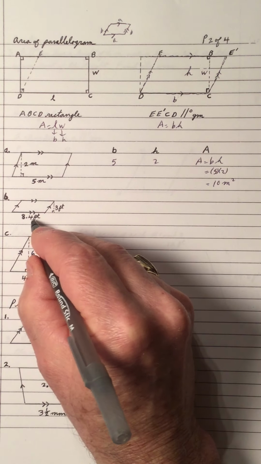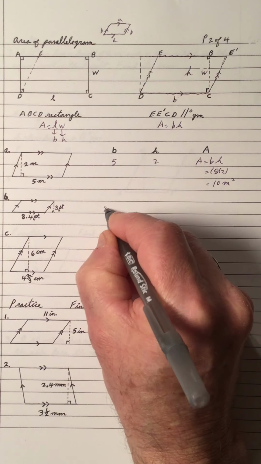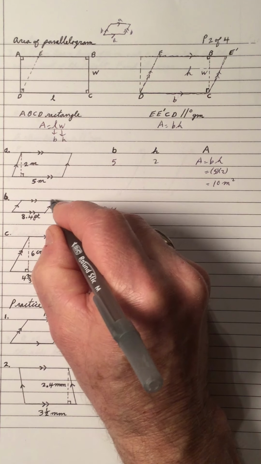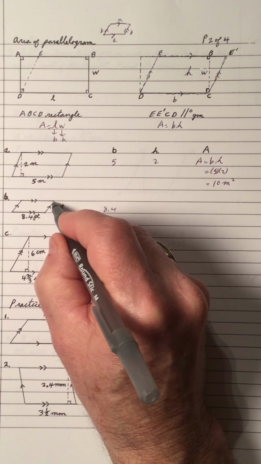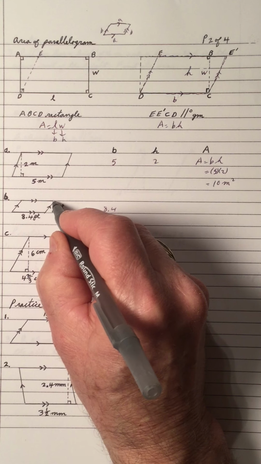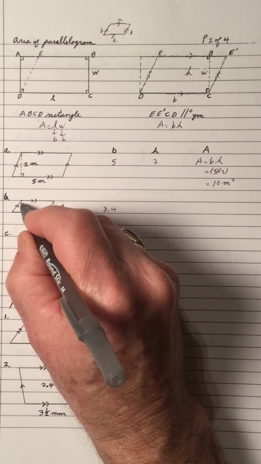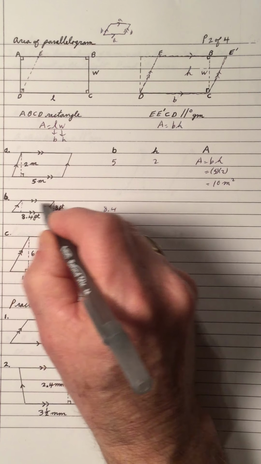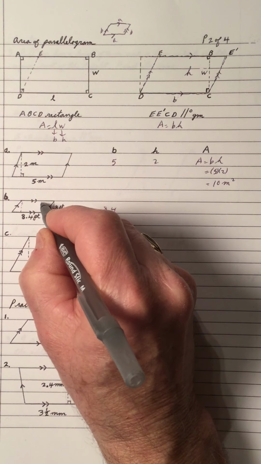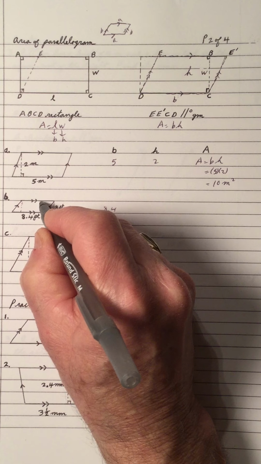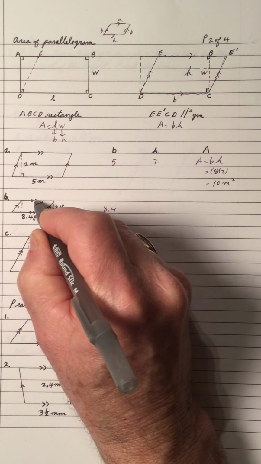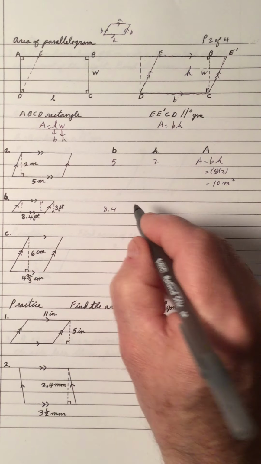B, we have a base, which is the bottom part, of 8.4. And again, we can either have the height out here, the perpendicular distance between these two parallel lines, or we can have the height in here. It doesn't make any difference, as long as it's the perpendicular distance between the two parallel lines.